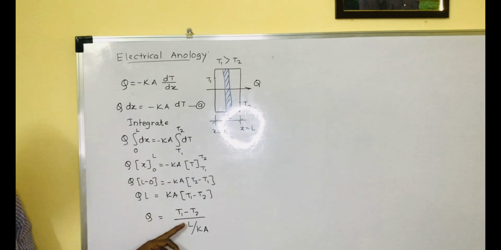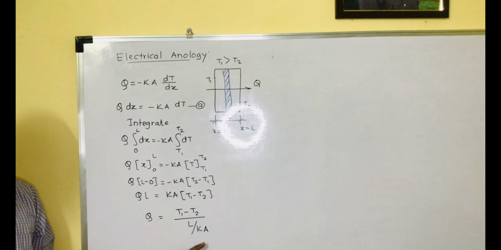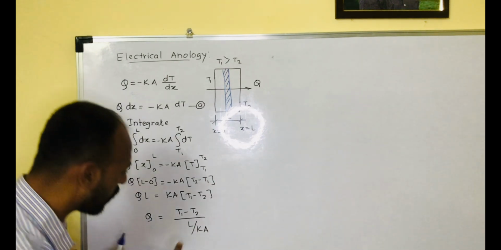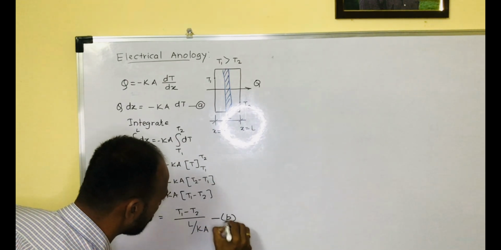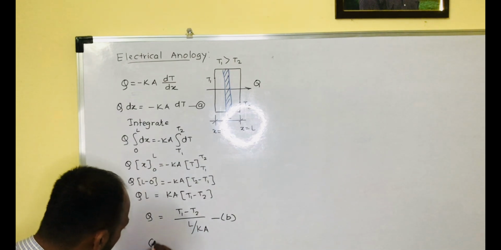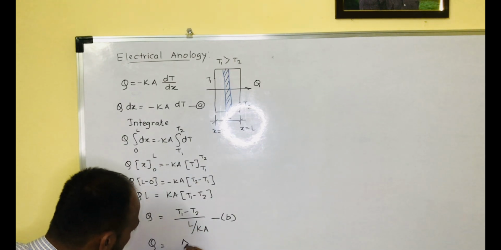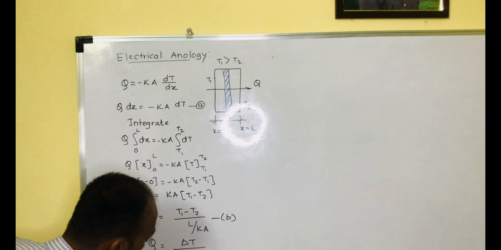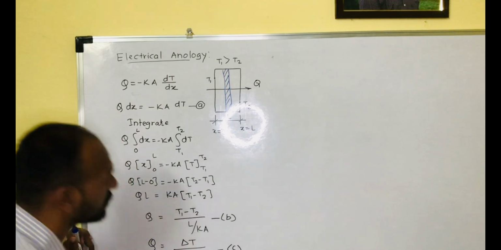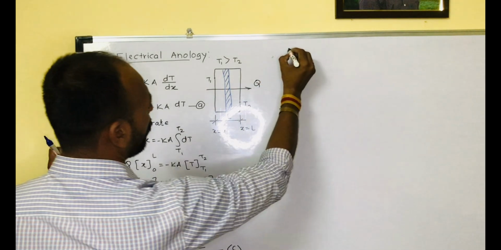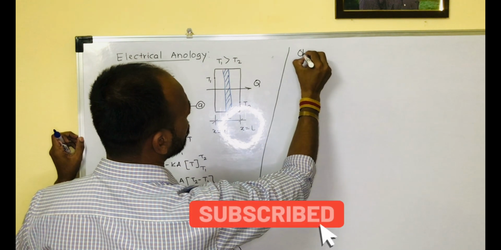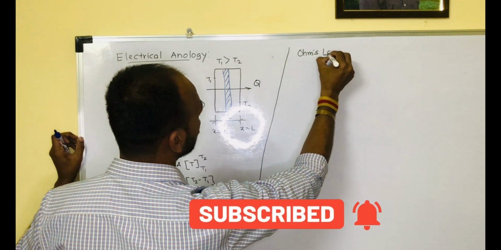Here KA is in the denominator of the denominator, hence it is in the numerator. Let us call this equation B, or with further simplification, delta T divided by L upon KA, which we call equation C. Now let us make use of the electrical analogy. According to Ohm's law, what are we doing?